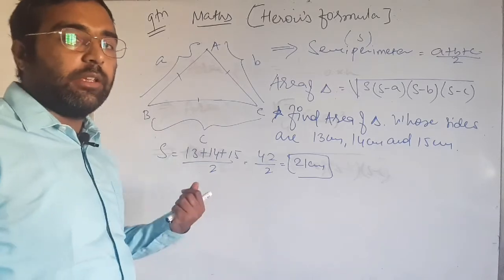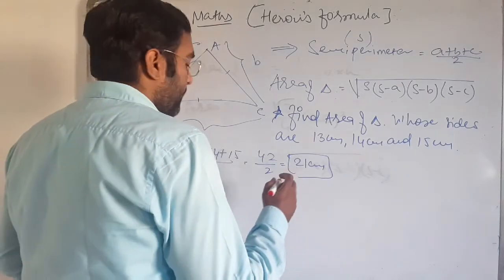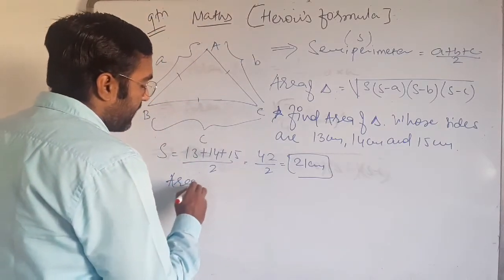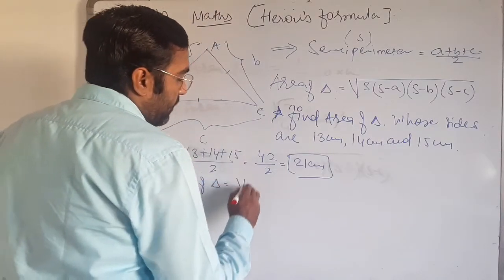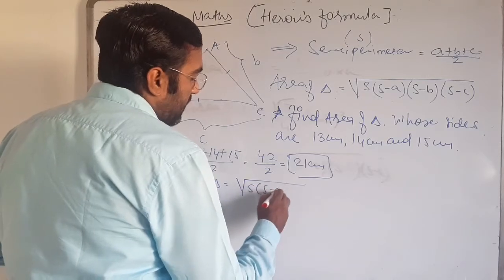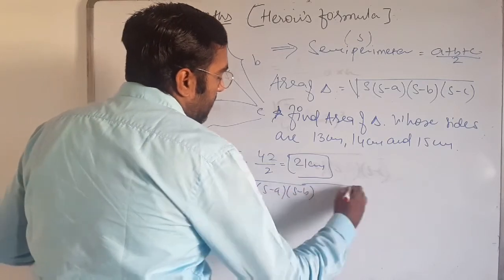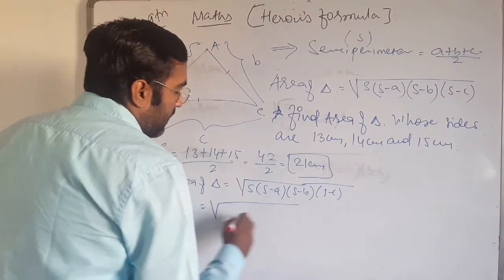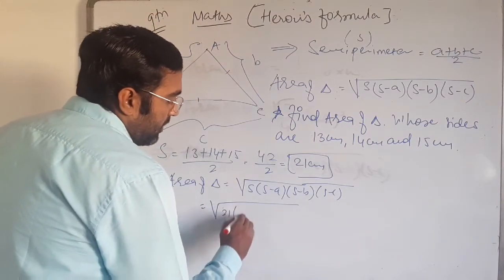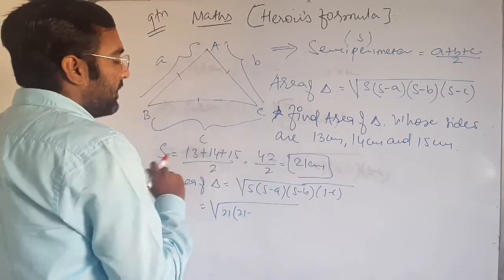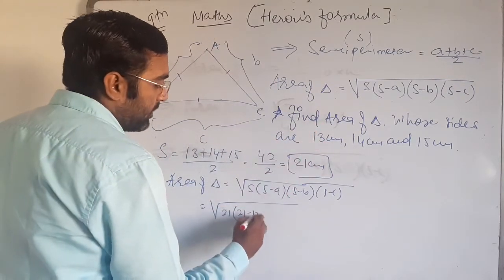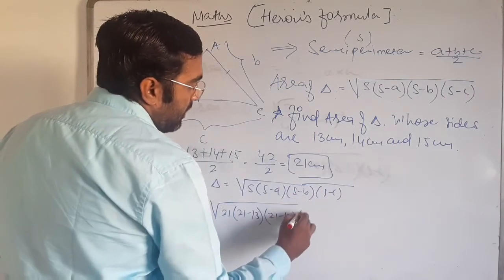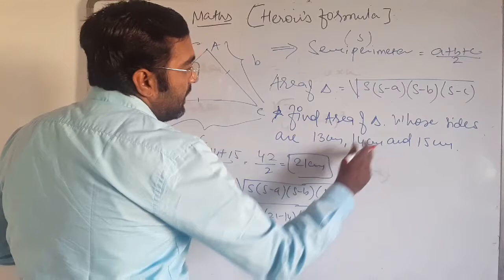Now we have to find the area. My formula is: area of triangle is equal to the square root of s(s minus a)(s minus b)(s minus c). So in the square root, the semi perimeter is 21, 21 minus a, that is 13, 21 minus b, that is 14, and 21 minus c, that is 15.